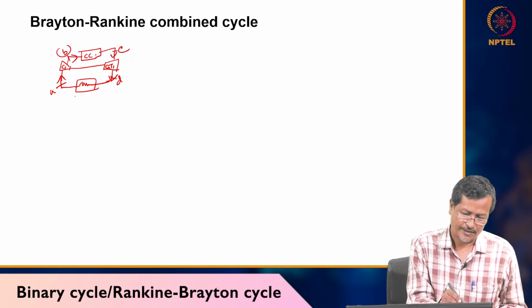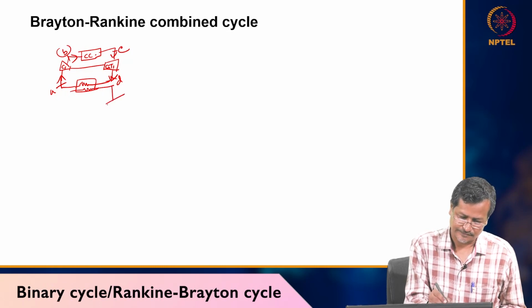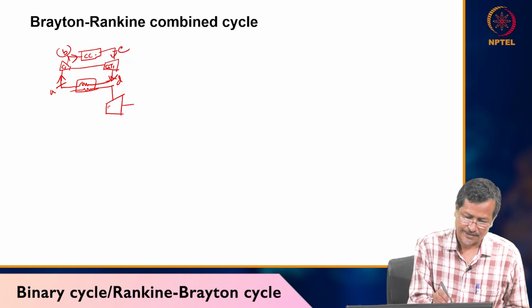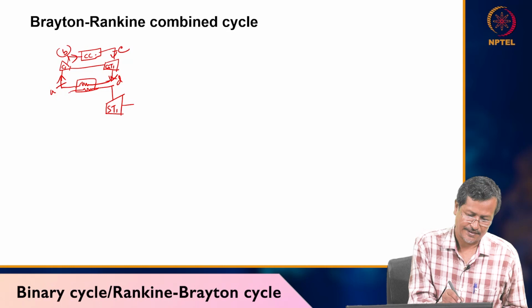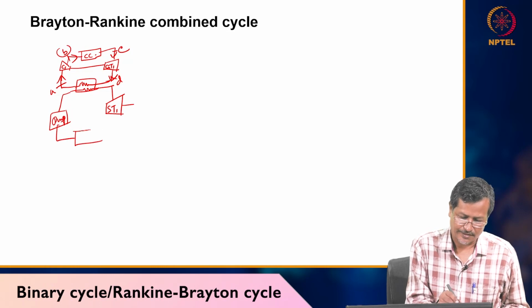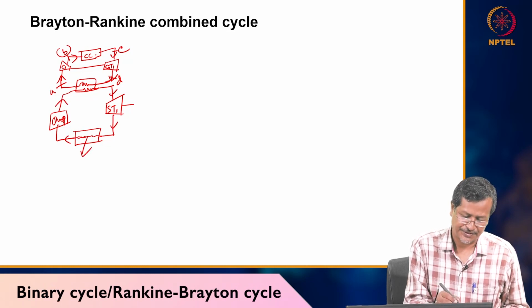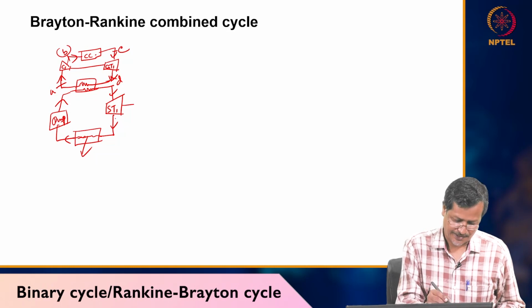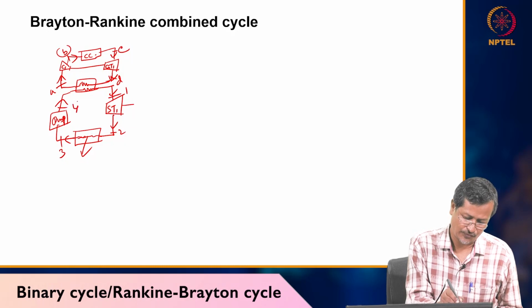Now I have another cycle here. Steam turbine, I am writing ST, ST1 maybe. In this case I have one pump, then a heat exchanger here, so heat is getting rejected here. The numbering is 1, 2, 3, 4.